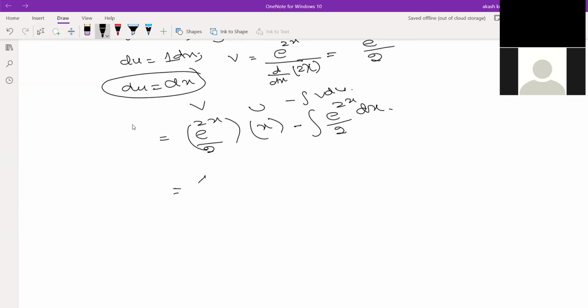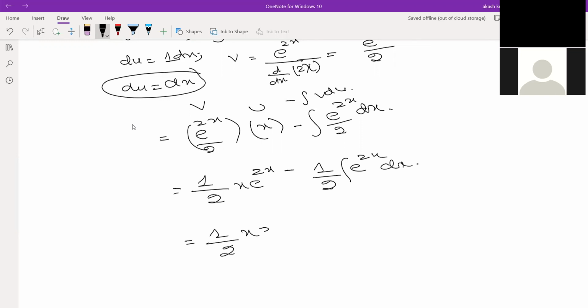So it becomes half x e to the 2x minus, taking half outside the integral sign, half the integral of e to the 2x dx. The integral of e to the 2x is e to the 2x divided by the differential of 2x, plus the integration constant.